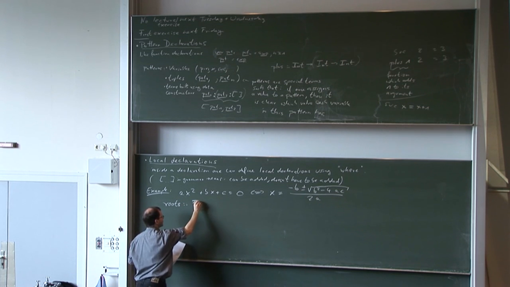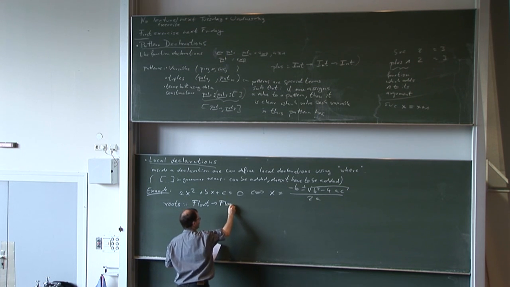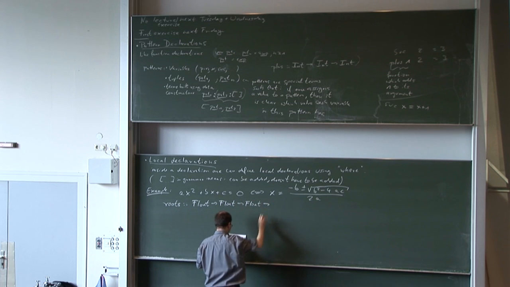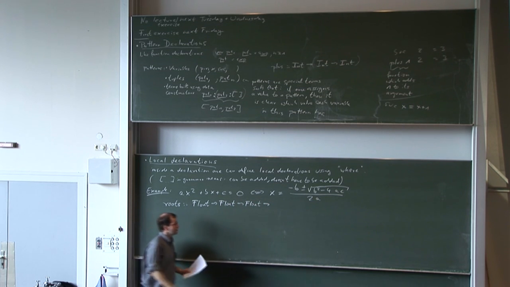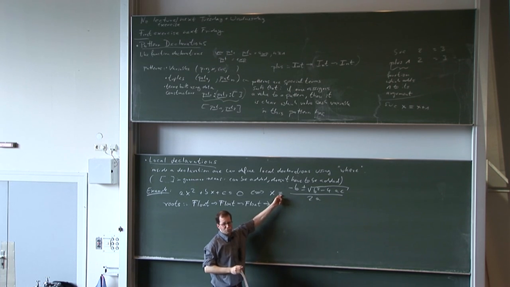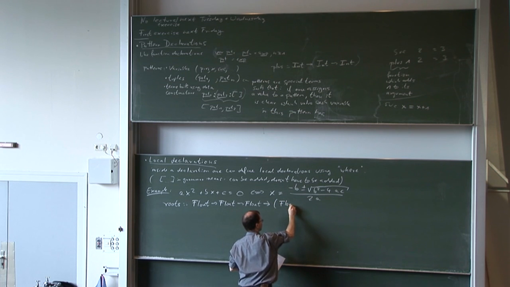So roots takes three floating point numbers, a, b, and c: float, float, float. And it will return two floating point numbers, because this in general has 2 solutions. So the outcome will be a tuple of 2 floating points.